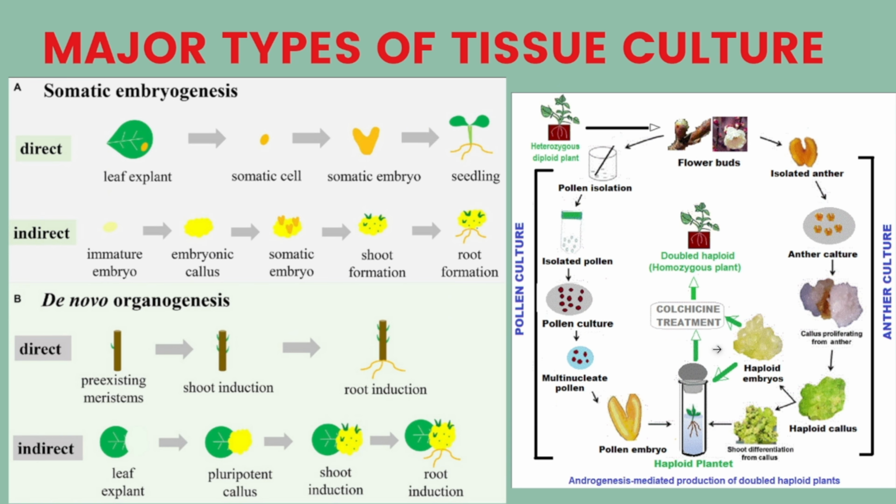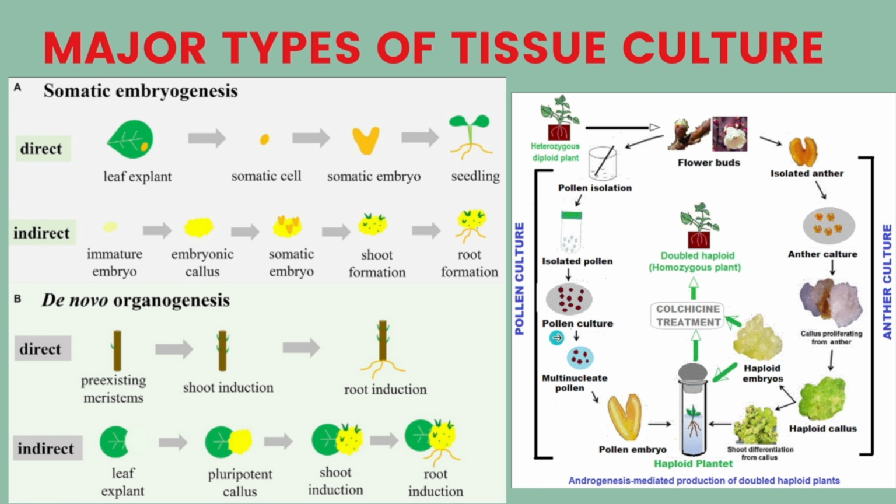Okay, another one is androgenesis. This is the development of a haploid plant originating from the pollen grain through a series of cell divisions and also differentiation, either using pollen grain or using the anther.